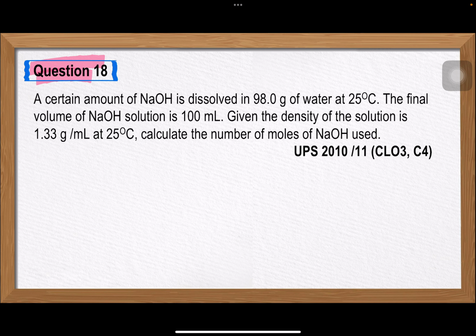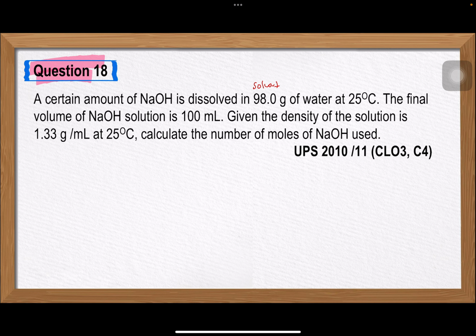Number 18. Calculate the number of mole of NaOH used. You have 98 gram water at 35 degrees Celsius, and NaOH dissolved in 98 grams, so this is solvent.